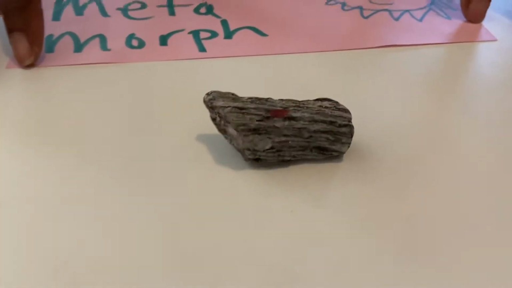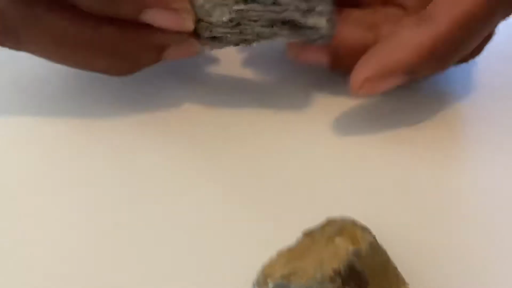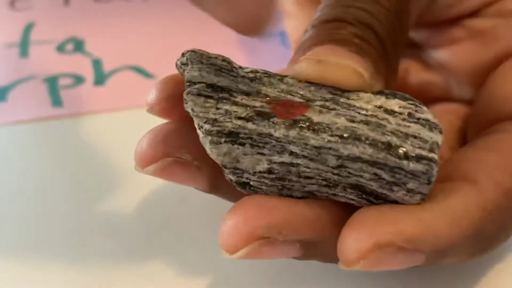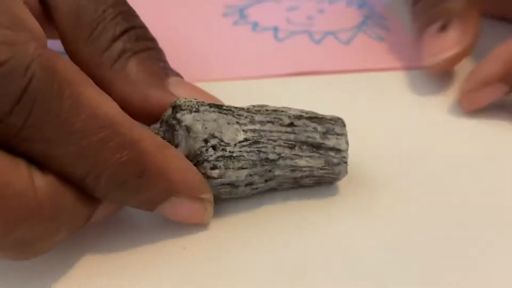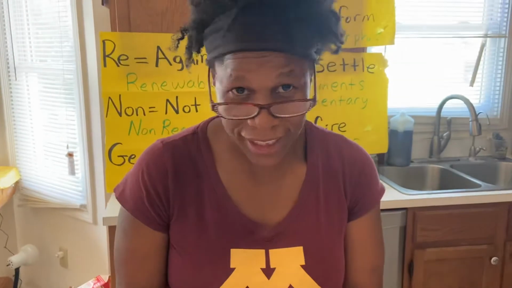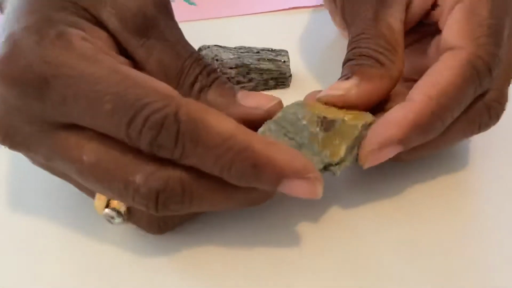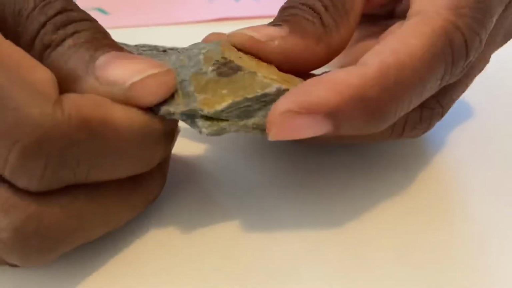Metamorphic rocks are, once again, formed from high heat and pressure. You can see how we have the layering there. And this one here is called gneiss, G-N-E-I-S-S. When you think about nice, just think about Miss Penix because I'm nice, okay? And then we have phyllite. Phyllite is our last one.